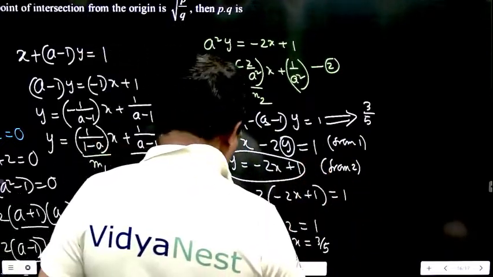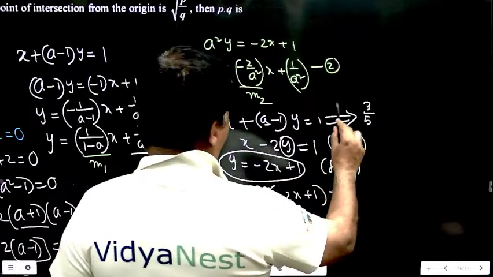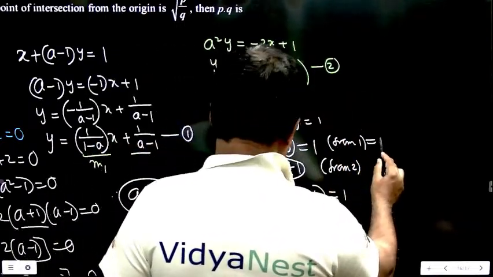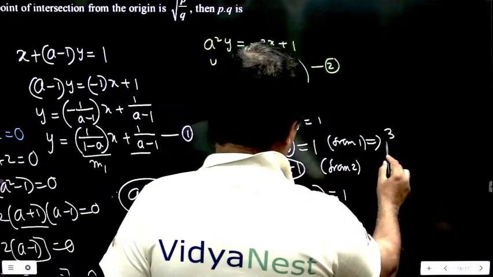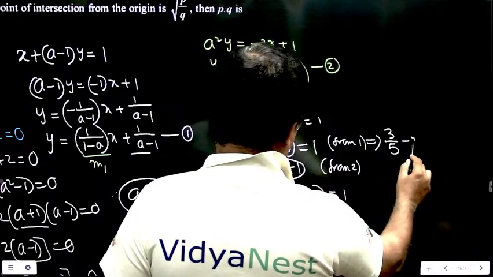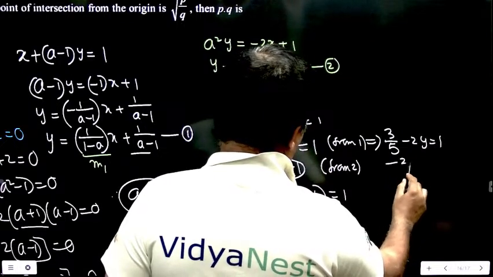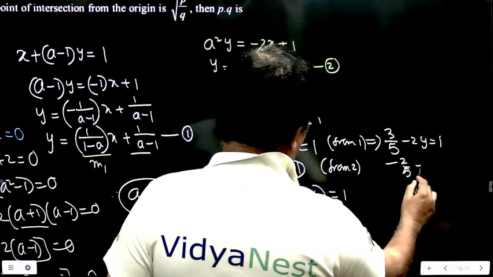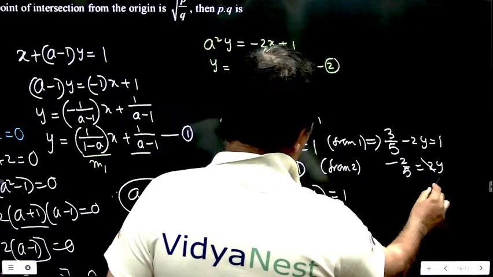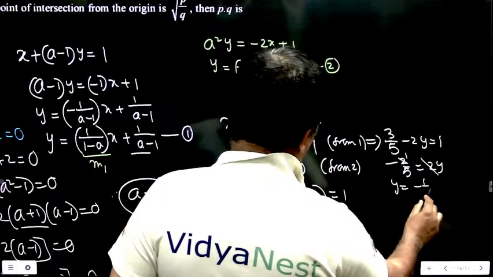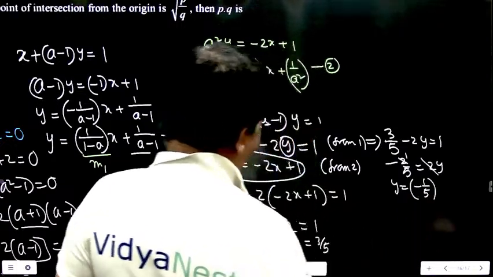See, in this equation it is better if you put. Y is equal to minus 1 by 5.